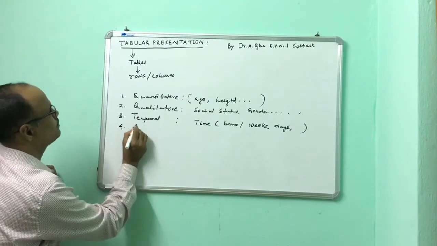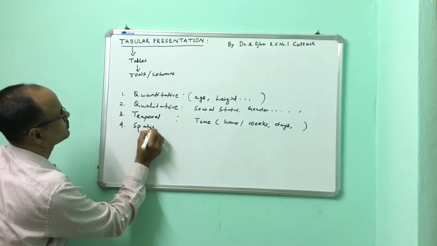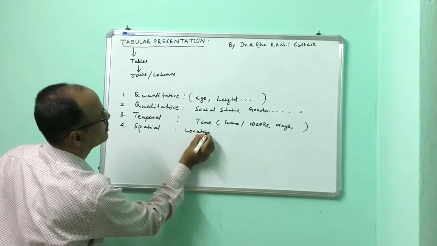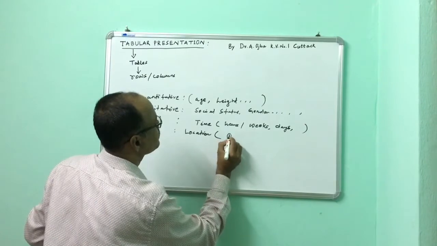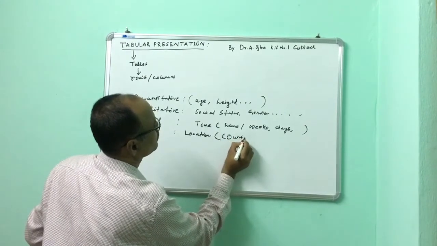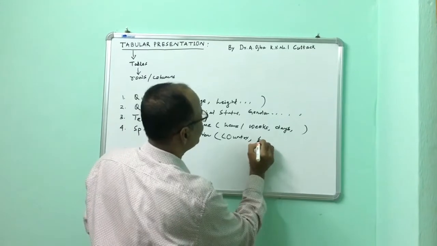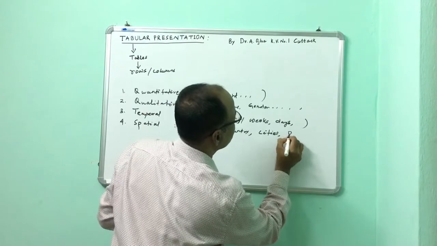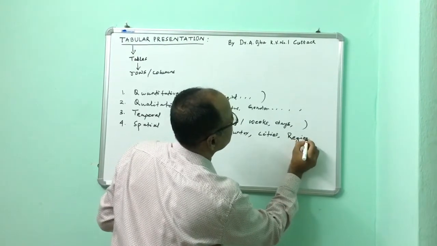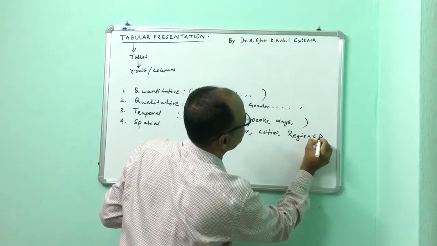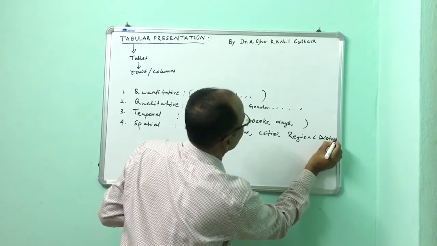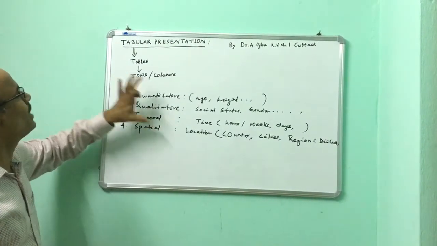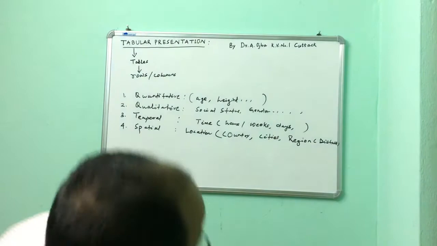Fourth is spatial classification, on the basis of location or geographical location, that is your country, cities, region, like district. This is spatial classification. This classification is used widely while tabulating the data.